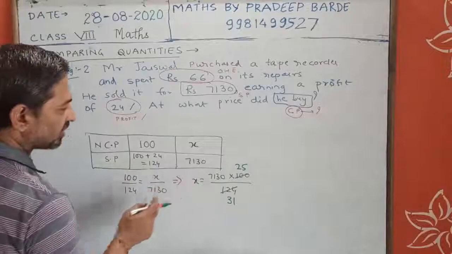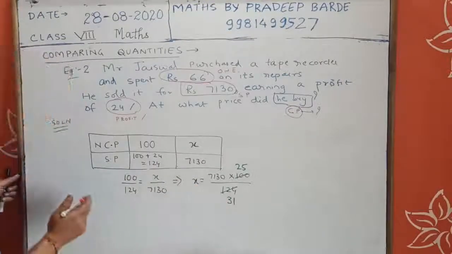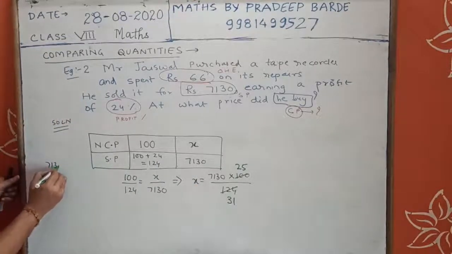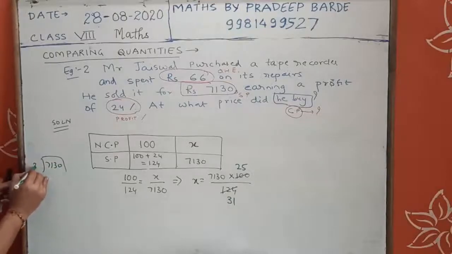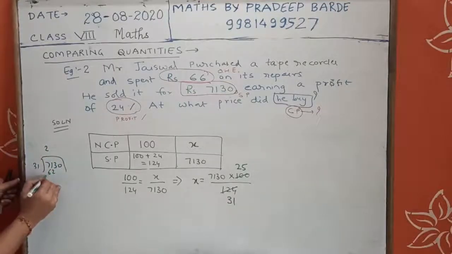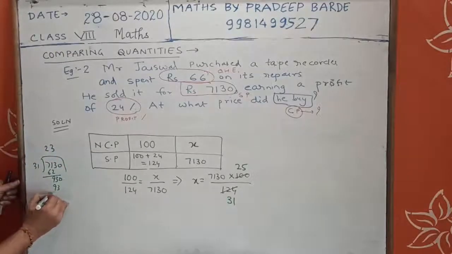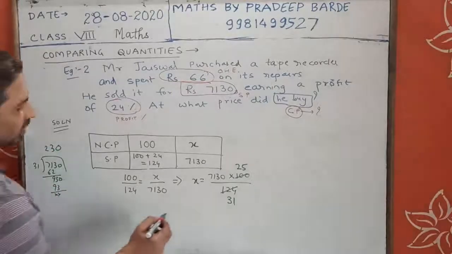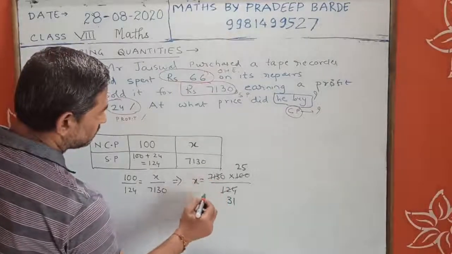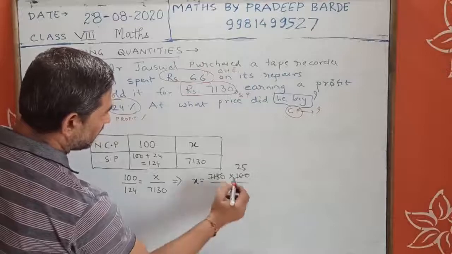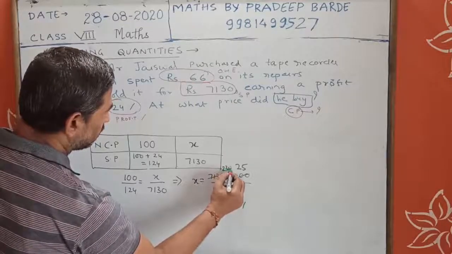अब देखिए 31 से कैंसिल हो रहा है क्या? 7130. 31 2s are 62, 31 3s are 93, 0. Yes, it is 230 times. 31 1s are 31, 230.